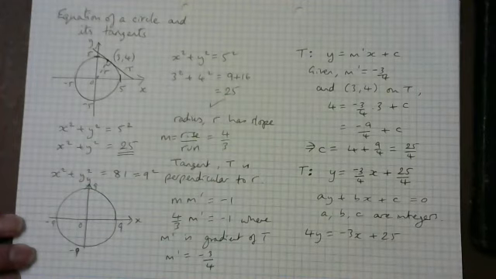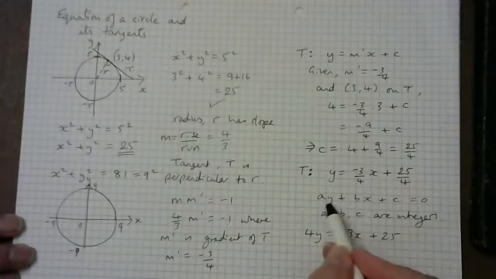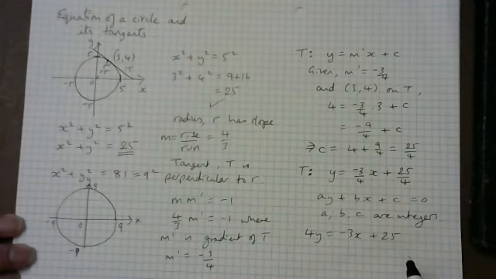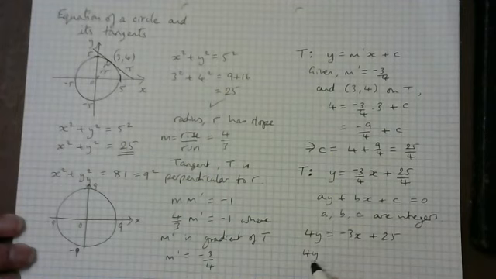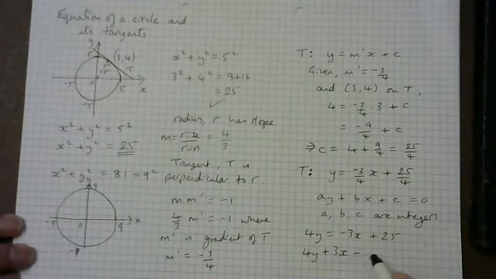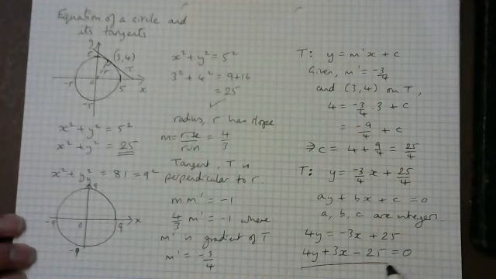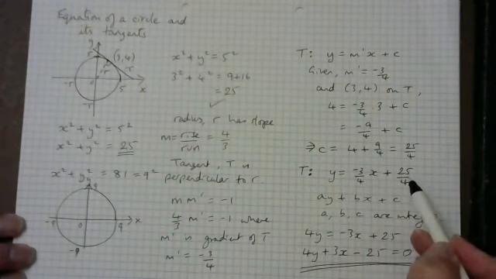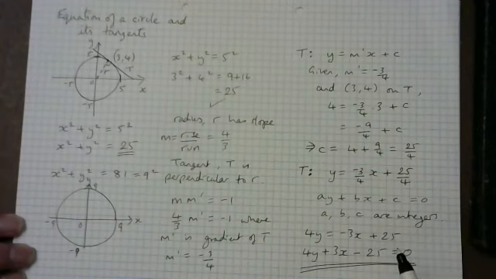Well, now they're all integers. Rearrange it. We want some number of y's, we've got that already. Some number of x's on the same side as the y's, the c on the same side as the y's. So 4y plus 3x, take away 25 equals 0. You might be asked for that form. You can see, having got to this point here, it's just a case of multiplying through and rearranging. I think I'll give myself full marks.